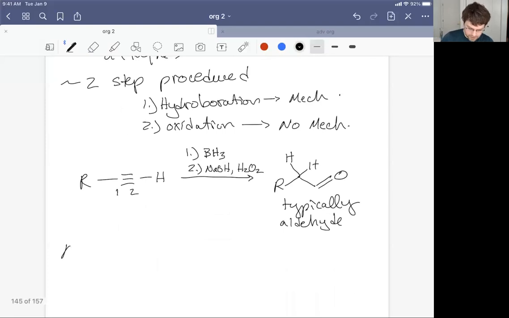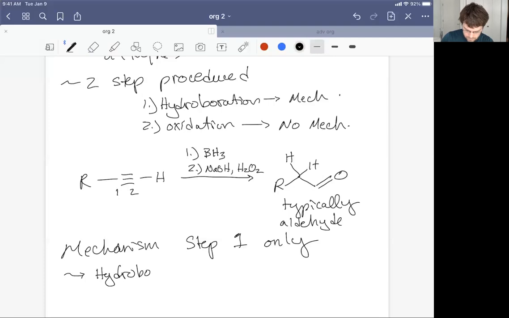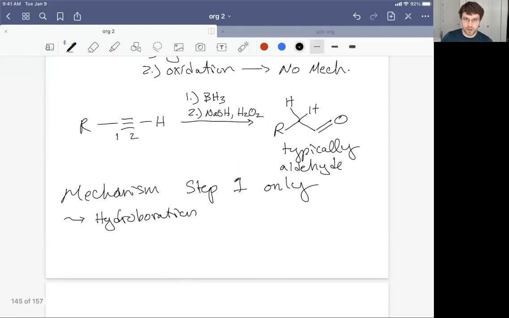Okay, so the mechanism for step one only is we first do the hydroboration. In hydroboration, we add a molecule called borane or something like it that has a B and an H atom, and the B is part of group 3, in the +3 oxidation state, just the typical oxidation state of borane. So let's go ahead and consider this.